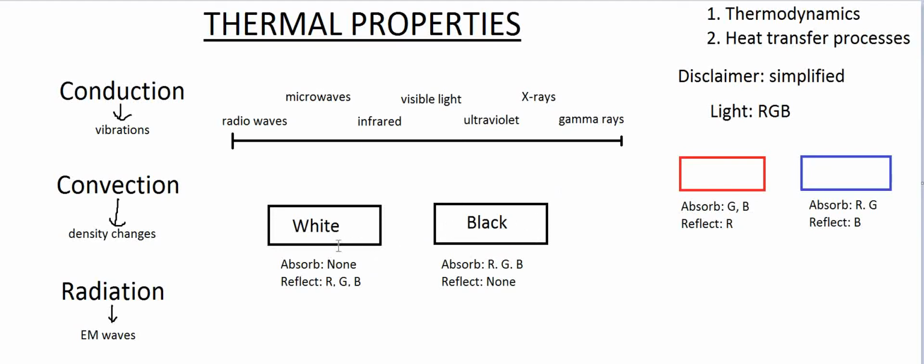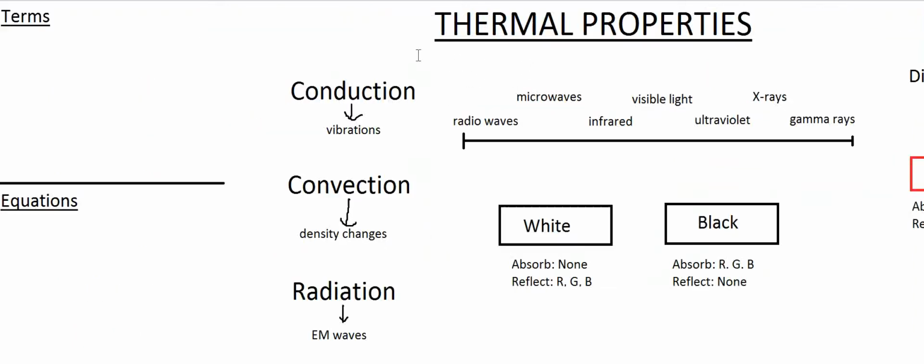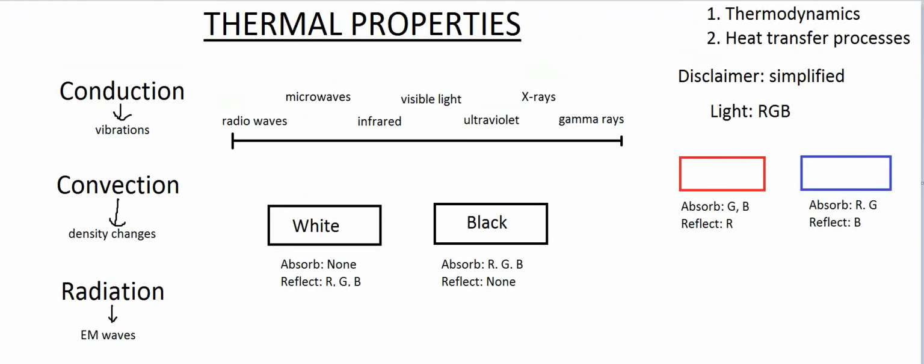So why do I say this is a simplified version? It's because light is actually not just made out of three colors, but it's actually made up of a spectrum.